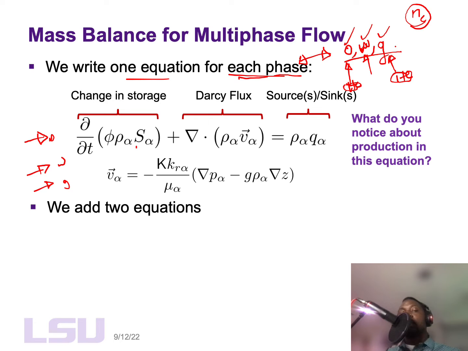And the equation looks like the equation you had before, except now you have saturation of phase alpha. In place of just density, you have density of phase alpha. Same here, velocity of phase alpha, and then flow rate of phase alpha. So it looks pretty much like the equations we had before, except that we use the subscript alpha for the phase in question, and then we bring in the saturation of that phase.